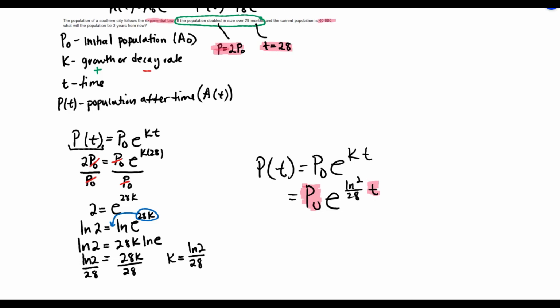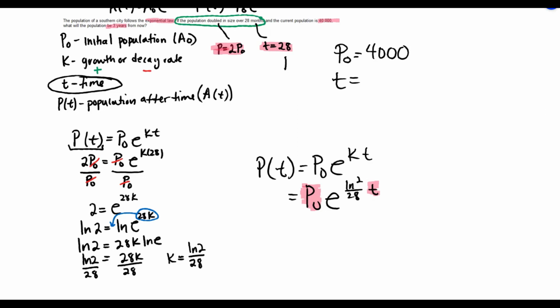Their current population is 40,000. What will the population be 3 years from now? 40,000 is the initial population. 3 years from now is the time. So for P naught, I'm going to use 40,000. And for the time, I have to be careful here because although I told you earlier, for time you can use any units, days, months, years, you have to be consistent about whatever units you're using.